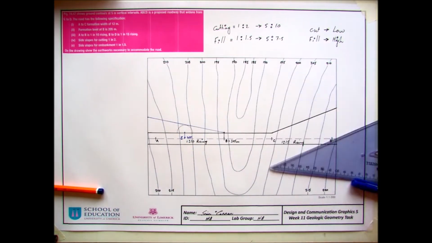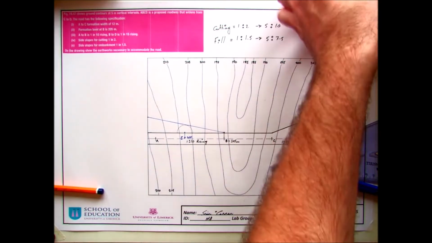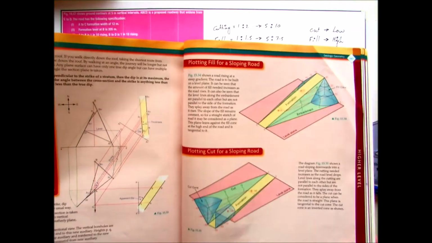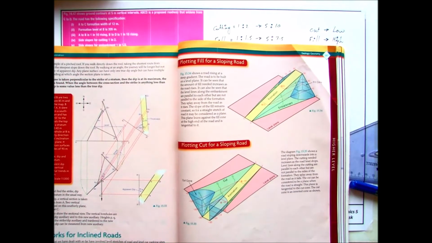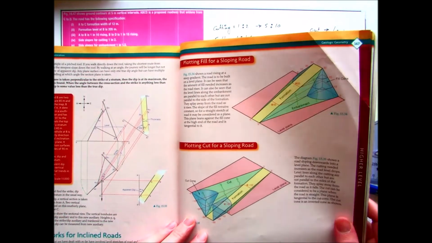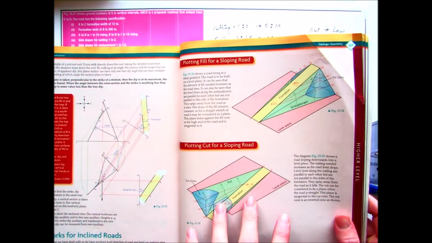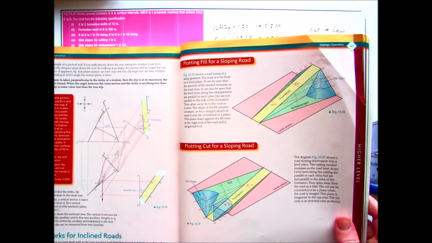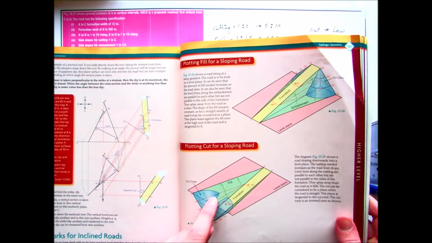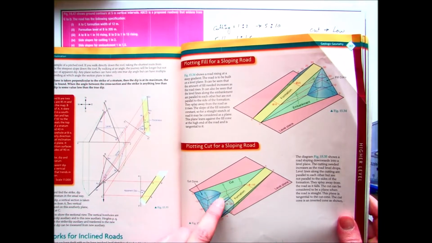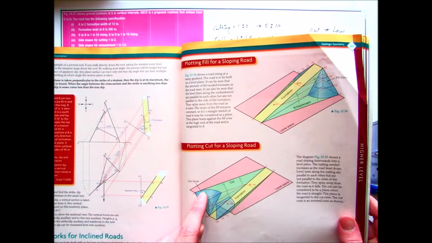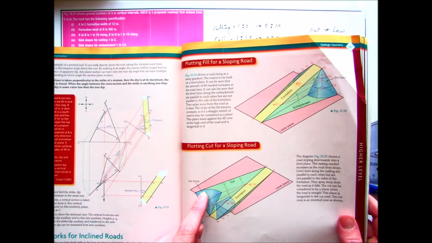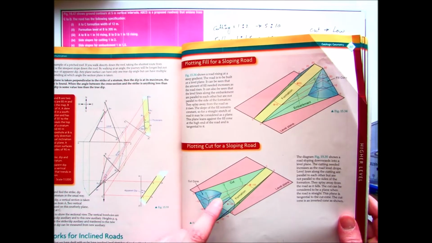Now, just before I go any further, if any of you are a small bit confused about drawing this circle in relation to the cone, what I do suggest is you go back to your book, Anderson's book, and have a look at page 367, and it talks about your cut and your fill cone. And you can see when we're looking down and seeing that circle, basically what we're seeing is this circle here. Now what we are doing on this section of the road is we're actually doing a cut as well.